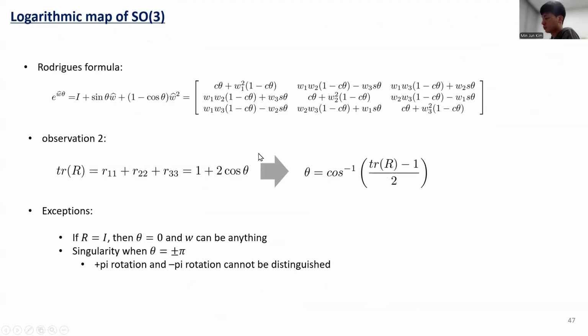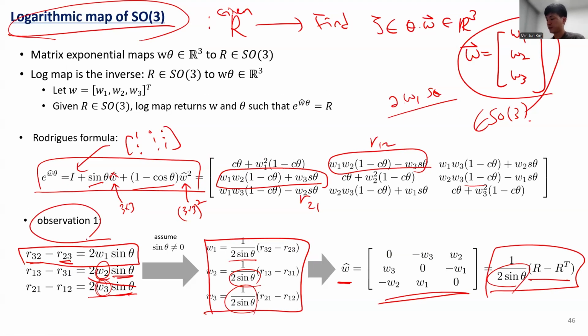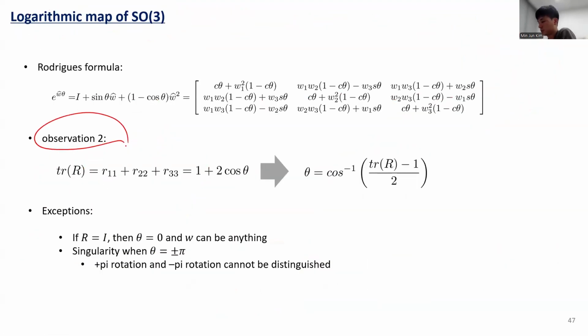All right. The second observation. So this was the first observation. The second observation is that if you calculate the trace of the rotation matrix, the trace is by definition the addition of all the diagonal elements.